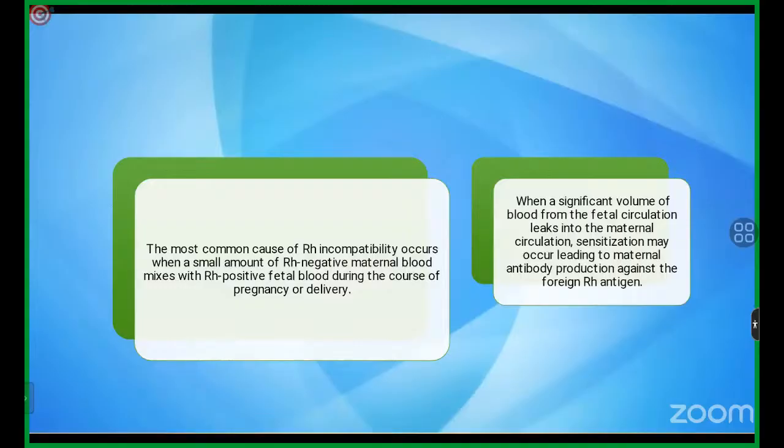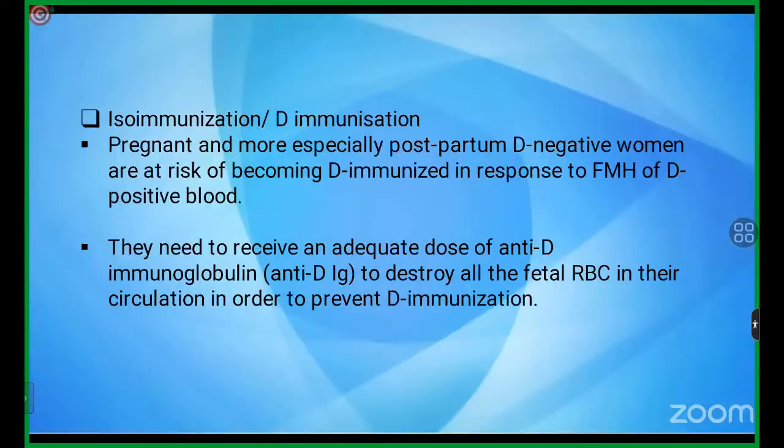So this is just a repetition in various forms for emphasis. Yeah? So there is an issue called isoimmunization and D-immunization. As I mentioned earlier, pregnant and more especially postpartum D-negative women are at risk of becoming D-immunized in response to FMH or D-positive blood.